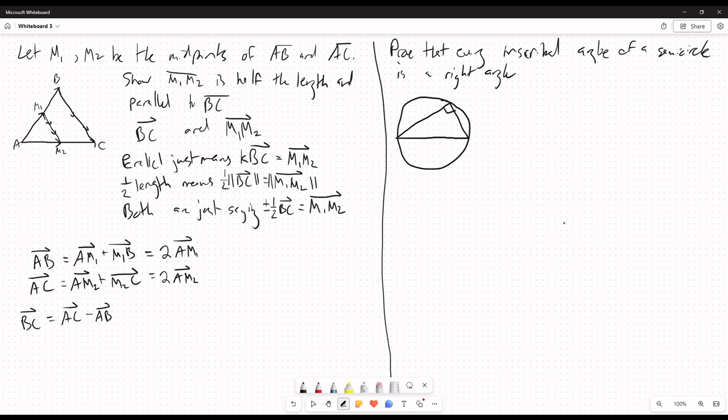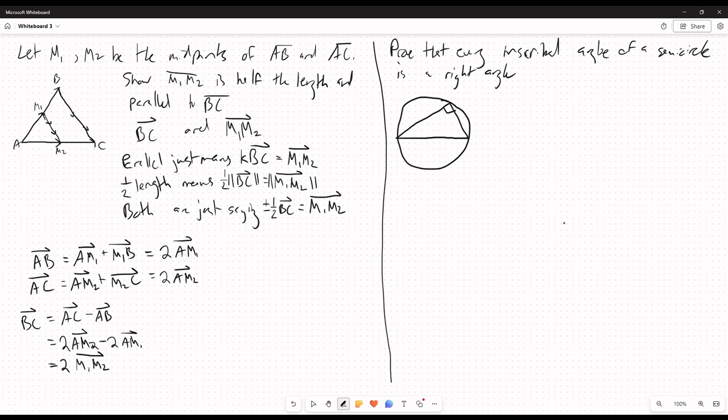Which is going to end up being 2AM2 minus 2AM1. And what's 2AM2 minus 2AM1? Well, that is exactly the vector 2M1M2, just looking back at our picture.